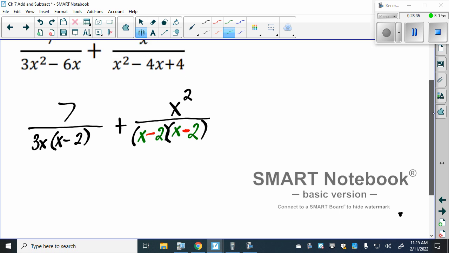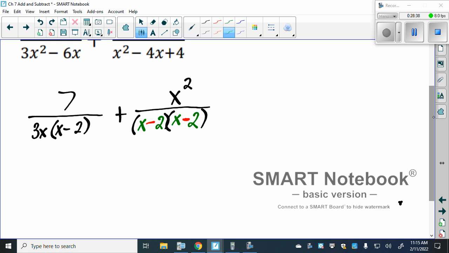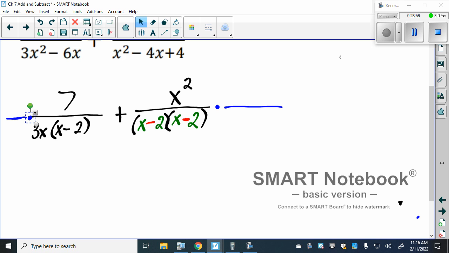So, looking at this here, we now can better see what we need to multiply both of the denominators by to get them to be the same. Now, what does the right one have that the left one doesn't?